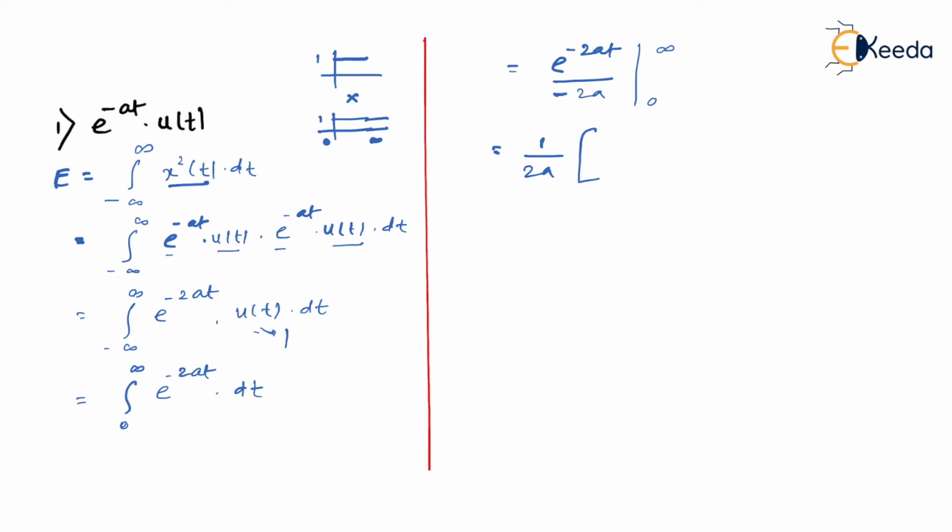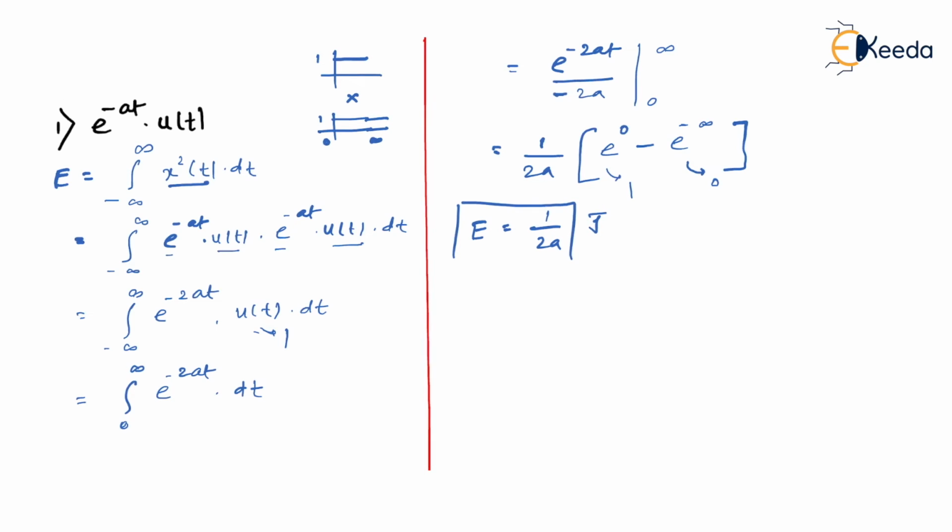In that case, instead of doing higher limit minus lower limit, I'll do it in reverse, that is lower limit minus upper limit. So now it becomes e to the power 0 minus e to the power minus infinity. Wherever there is t, just substitute the lower limit and upper limit. e to the power 0 is 1, and anything raised to minus infinity is always 0. In that case, now I got to know that energy is equal to 1 upon 2a joules.